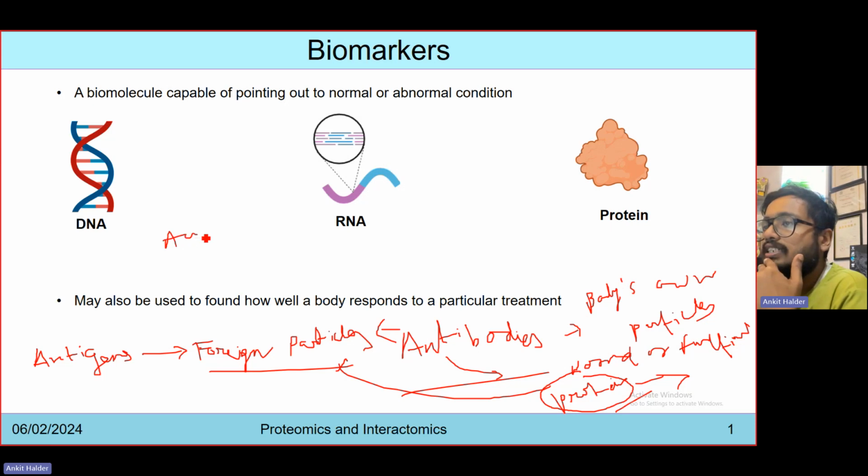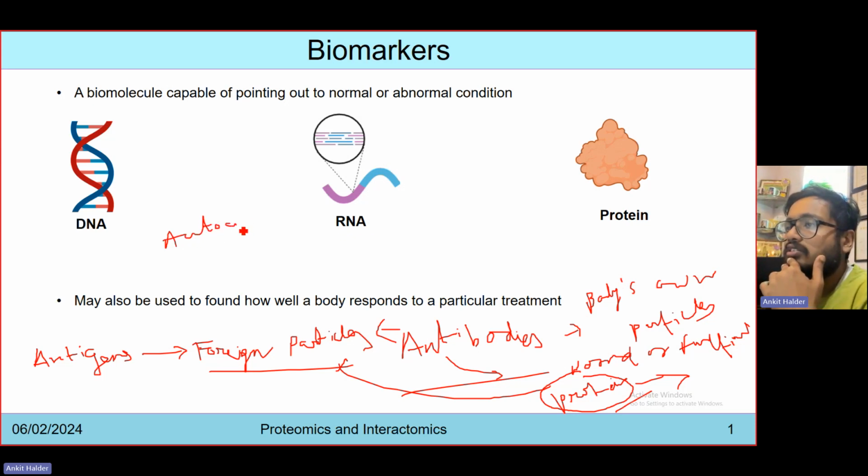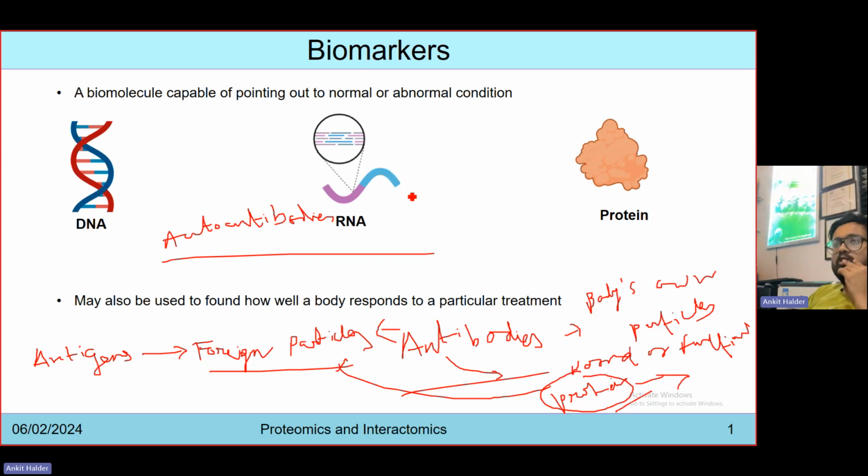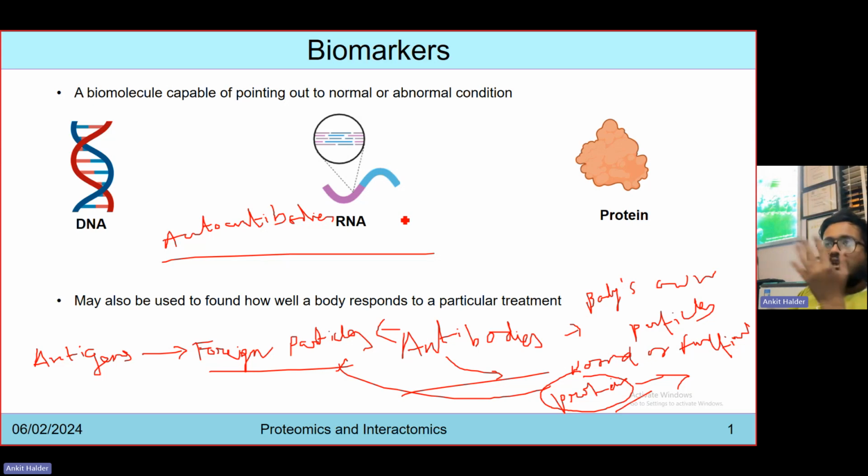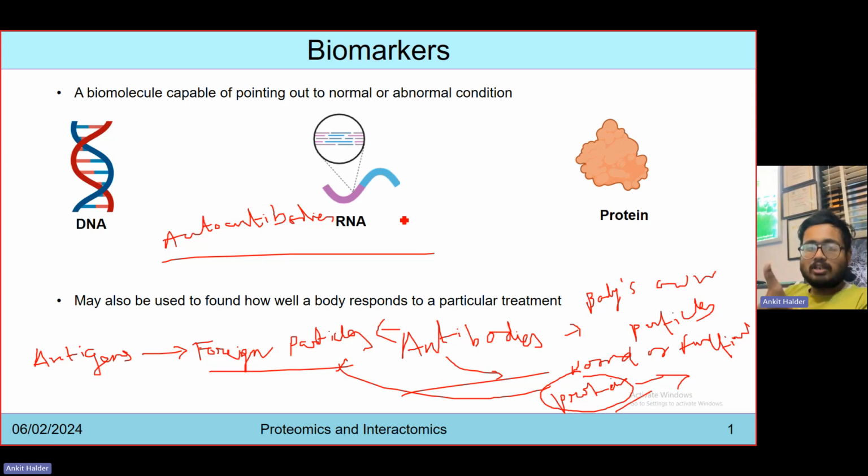Now, detecting these autoantibodies. If I give you the context, for example, the autoimmune disorders, you know that there are different diseases like rheumatoid arthritis and myasthenia gravis, where the body's immune system mistakenly understands our own proteins as foreign particles and starts raising antibodies against them and attacking them.